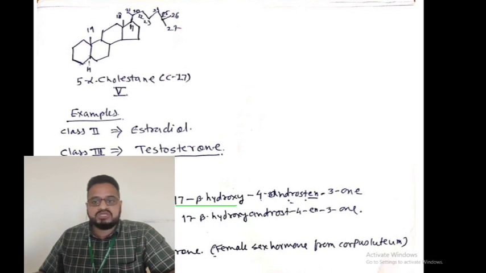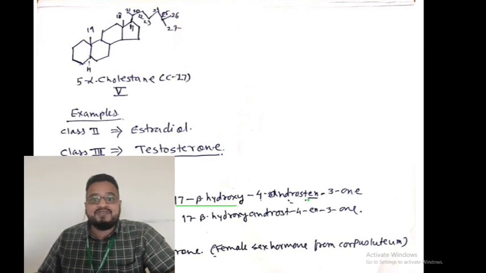At the fourth position, here it is a double bond. Got it? So it is a 4, and again the 4 is connected to 5 only, so there is no need to mention 5. 4-androstene, that ene refers to double bond, right? So 17 beta hydroxy 4-androstene, and at the third position it's a ketone, so that is 3-one.